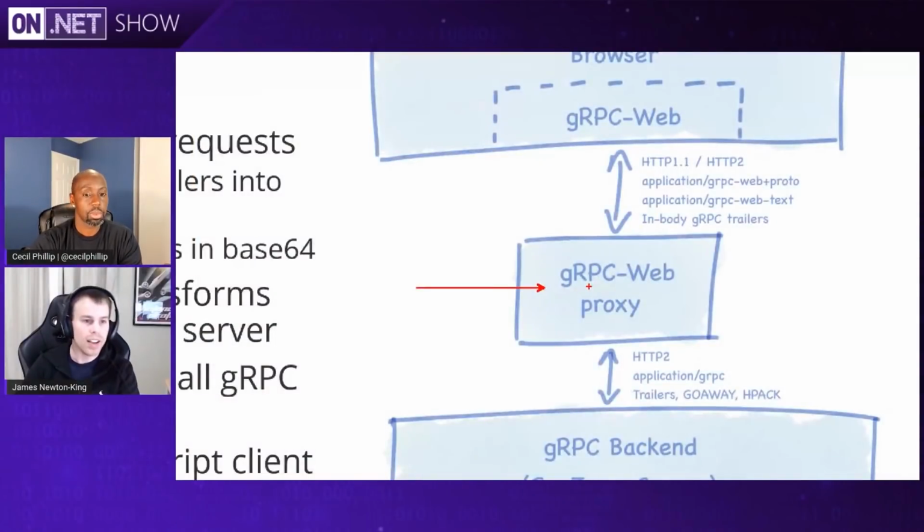So YARP could do this. Right now, it doesn't have support for it. So Envoy is a popular proxy in the microservices ecosystem, and it has built-in support for doing gRPC-Web transformations.